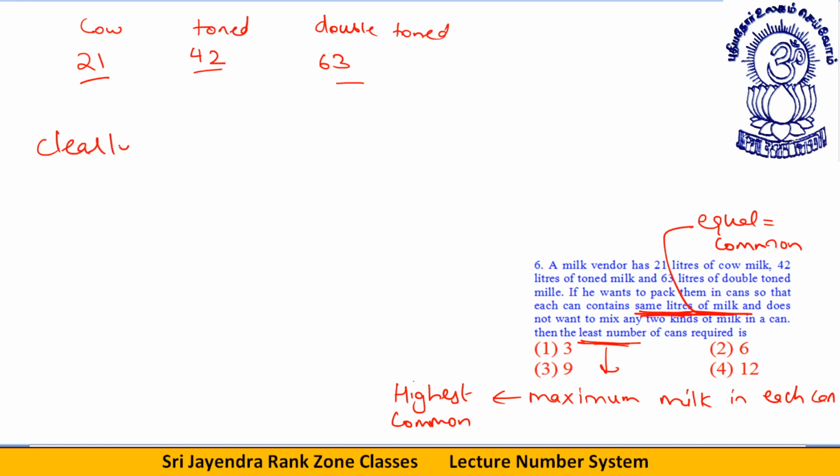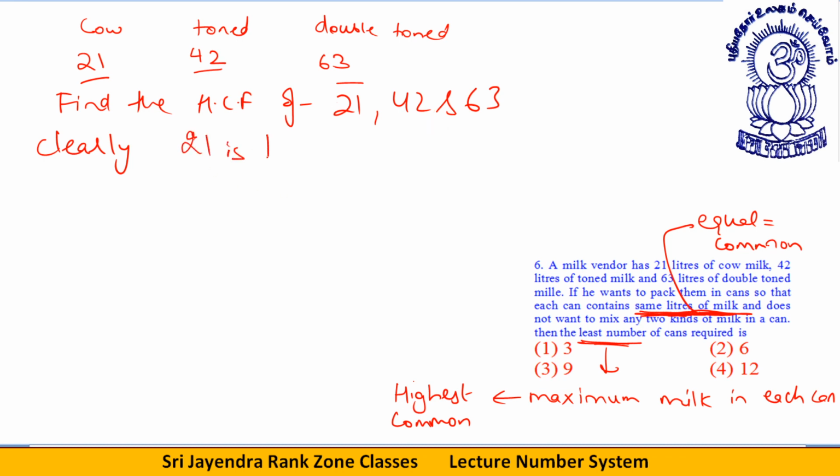Clearly, we need to find the HCF of 21, 42, and 63. Clearly, 21 is the HCF. Now what do we have to find? The least number of cans. So 21 is a can.